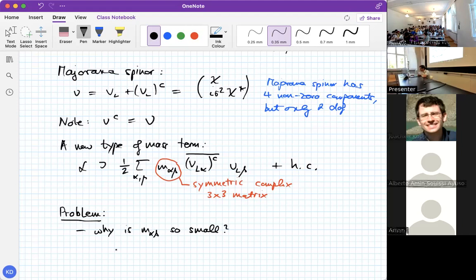And moreover, remember that all of this has to somehow fit into an SU(2) invariant theory. And what I've written down here does not obey SU(2) invariance. Because if it did, well, in SU(2), whatever happens to the neutrinos must also happen to the charged leptons.